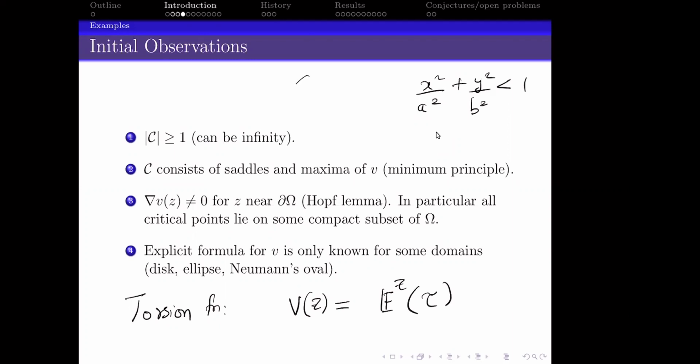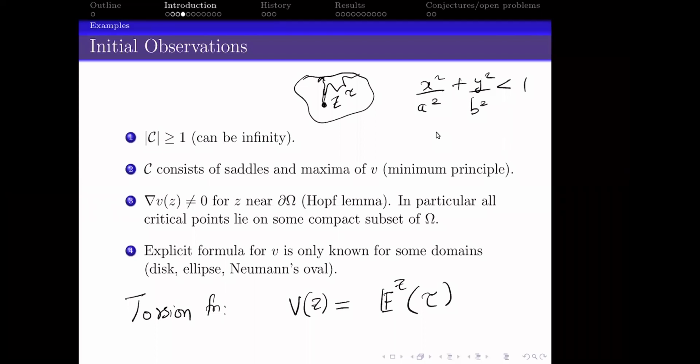So you have some domain like this, you start Brownian motion at Z and you wait for the first time until it hits the boundary. Tau is the exit time, the time taken to hit the boundary. So V of Z is exactly the expected time to hit the boundary. So there are some connections with probability.